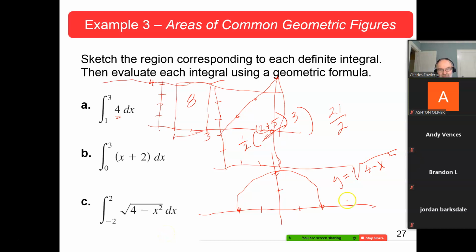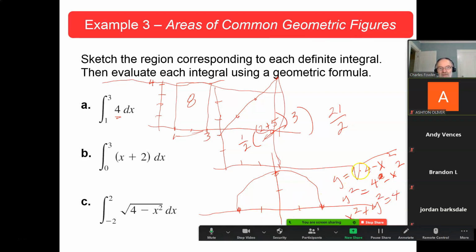Square both sides, and what you get, y squared is equal to 4 minus x squared. When you square the square root, you lose it, and this would then give you x squared plus y squared is equal to 4. Well, that would be a circle of radius 2. We only were dealing with the positive square root, not the negative square root.